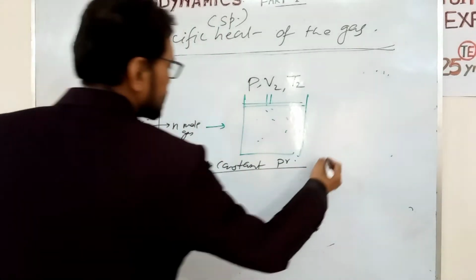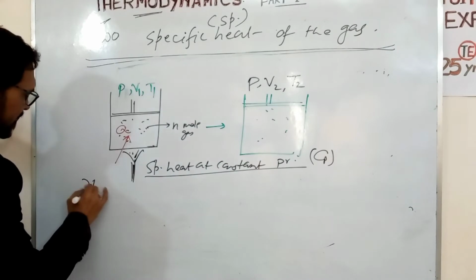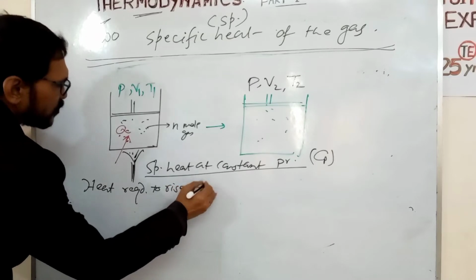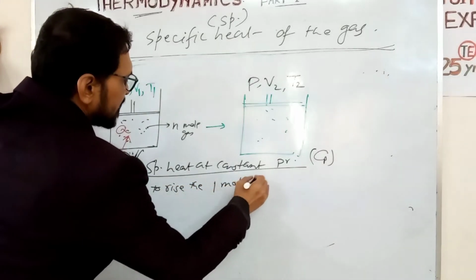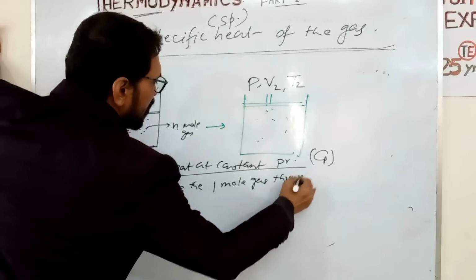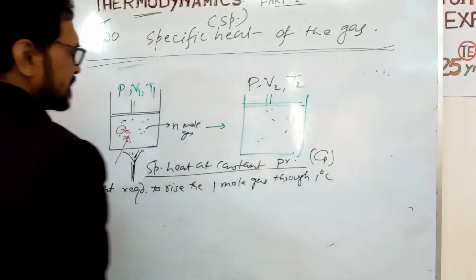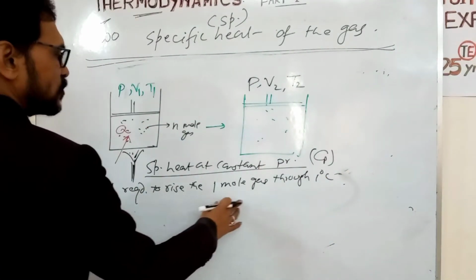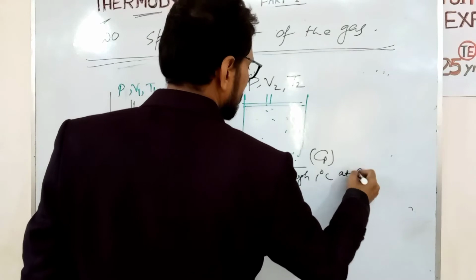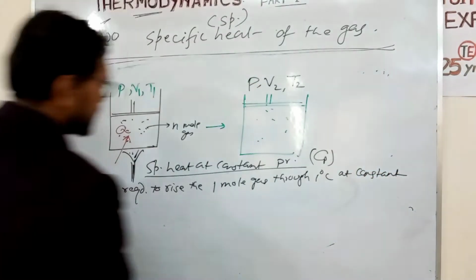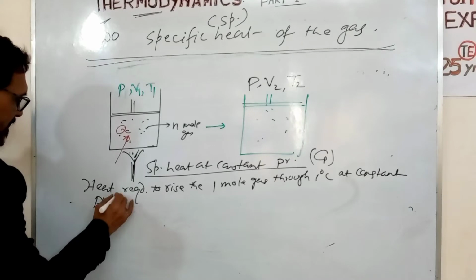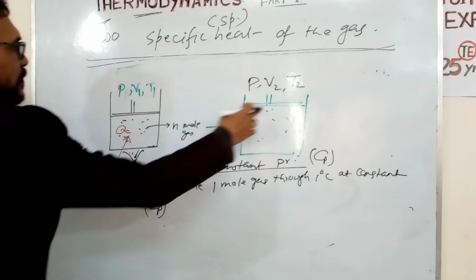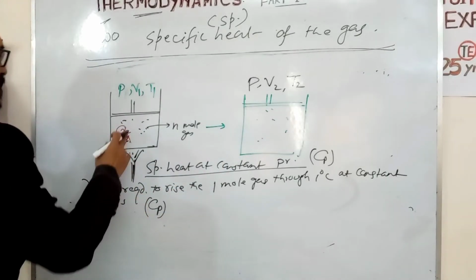Specific heat at constant pressure, Cp, is defined as the heat required to raise 1 mole of gas through 1 degree centigrade at constant pressure. So to raise the temperature by T2 minus T1 for n moles of gas, the heat required is Q.